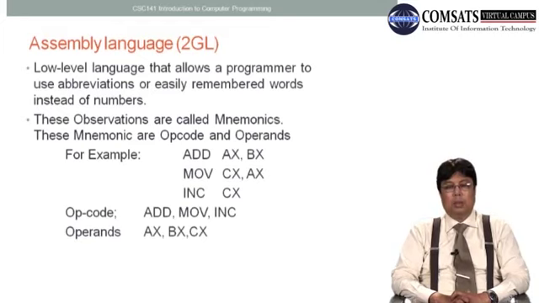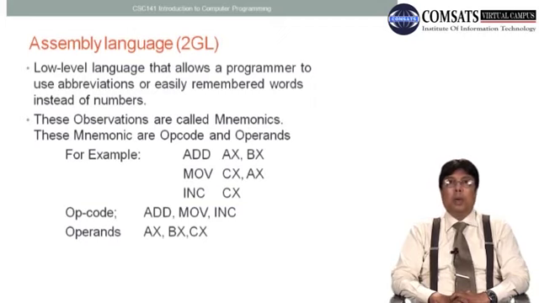For example, add AX, BX, move CX, AX, increment CX. Here the instruction part is called opcode or operation code, which is add, move, increment, multiply, divide, go to, jump.